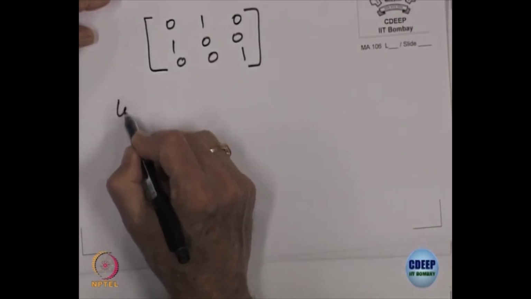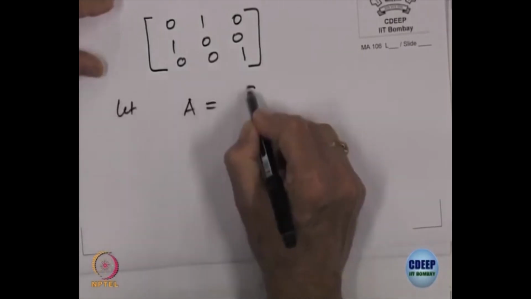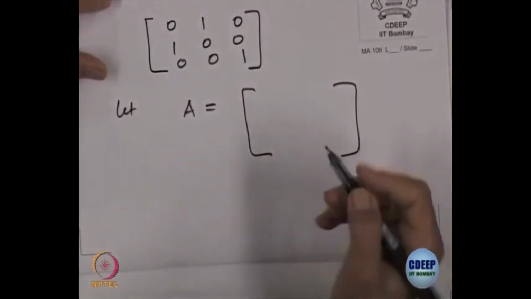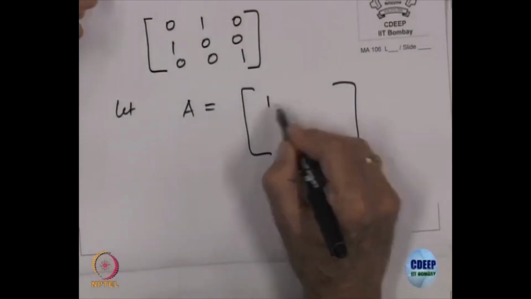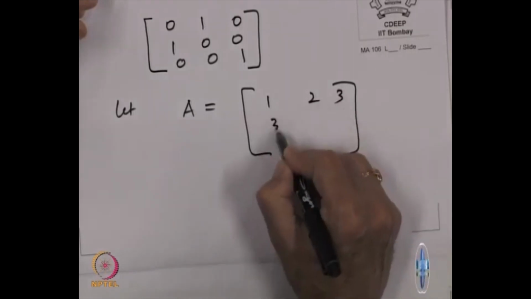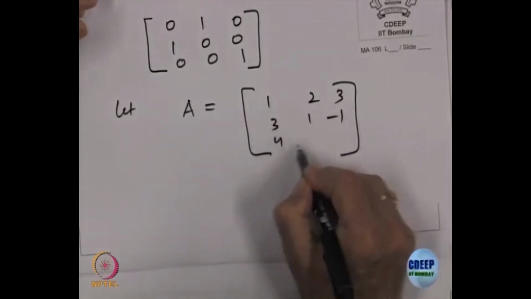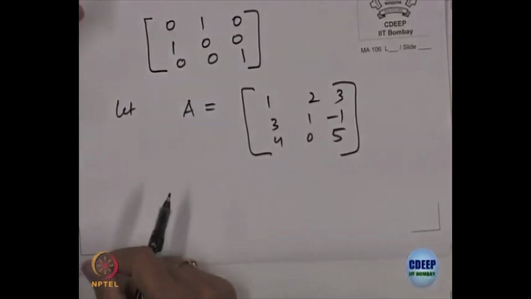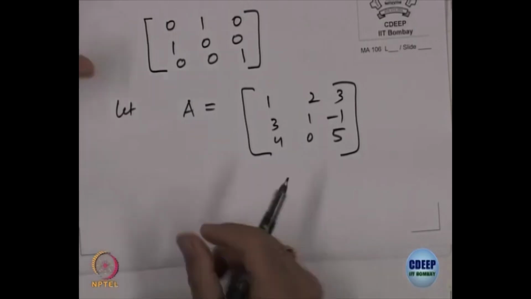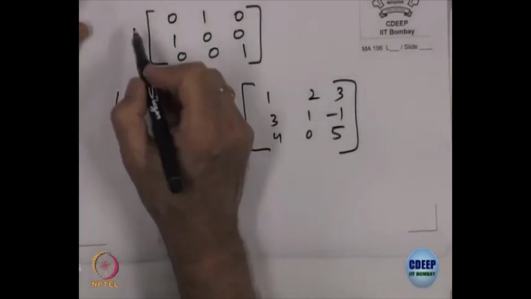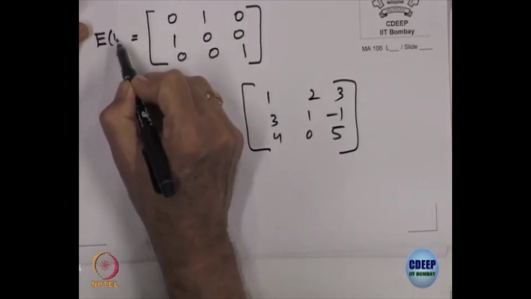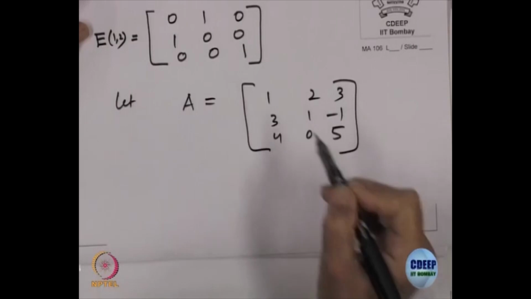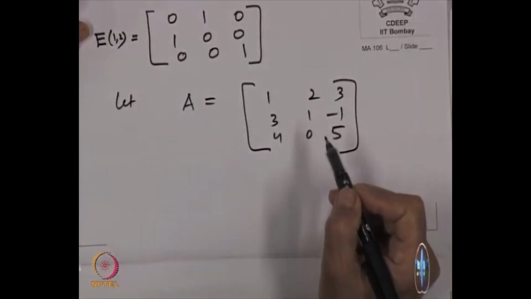Now, let us take some other matrix A, whatever you like. Let us take 1 2 3, 3 1 minus 1, 4 0 5, some arbitrary matrix, right. Let us call the matrix we got after interchanging E 1 2.